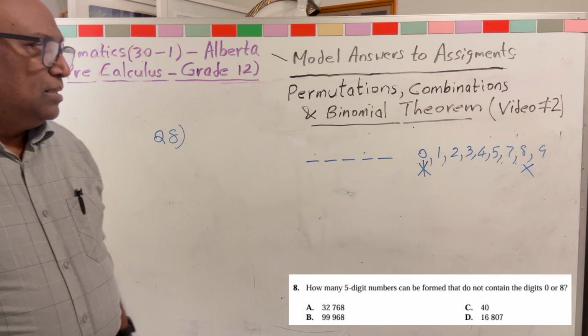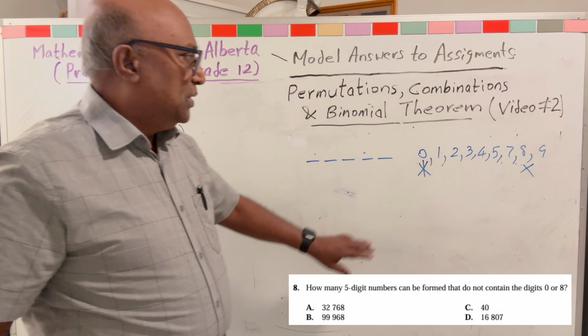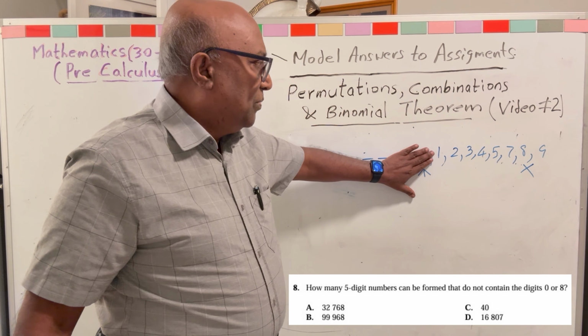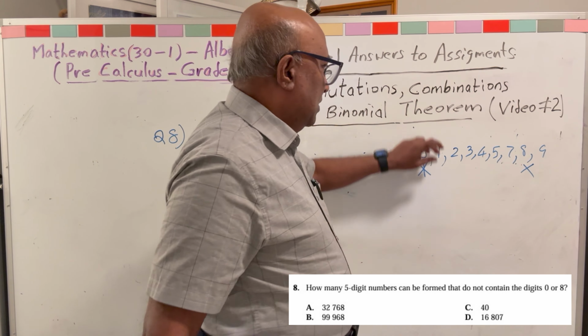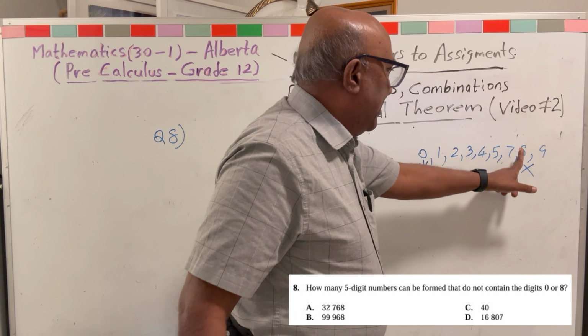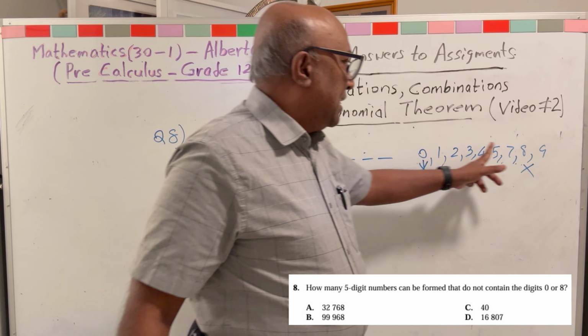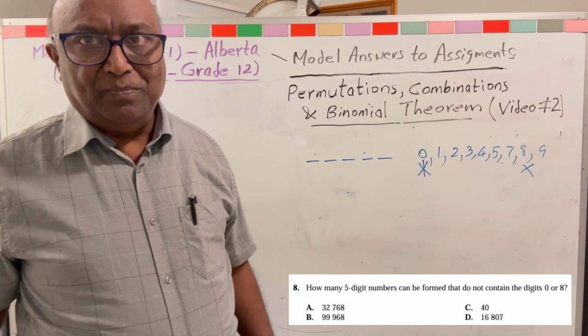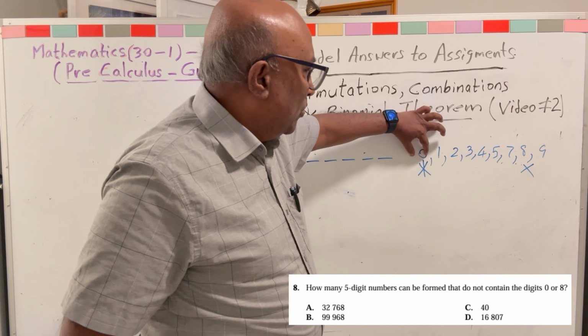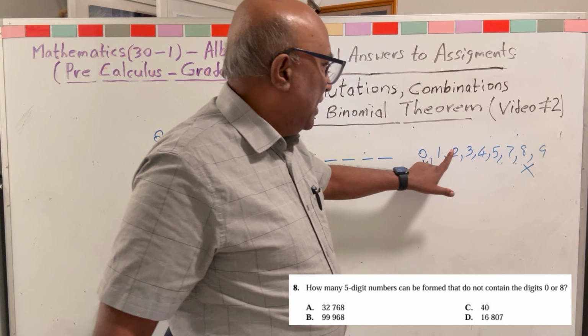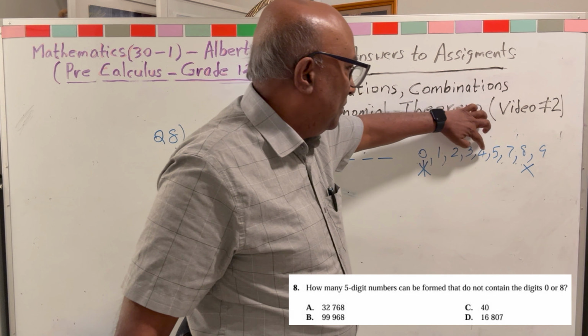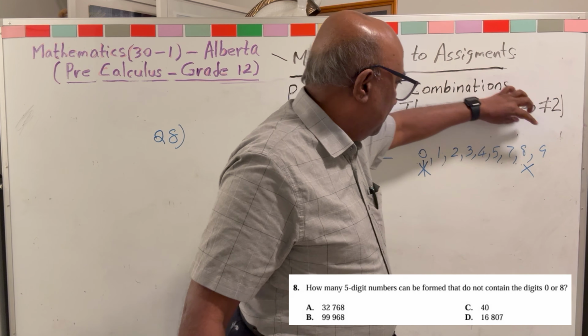Then how many digits remain? We have to eliminate both 0 and 8. Altogether there are 10 digits. That is obvious. If you remove 0 and 8, only 8 digits remain.